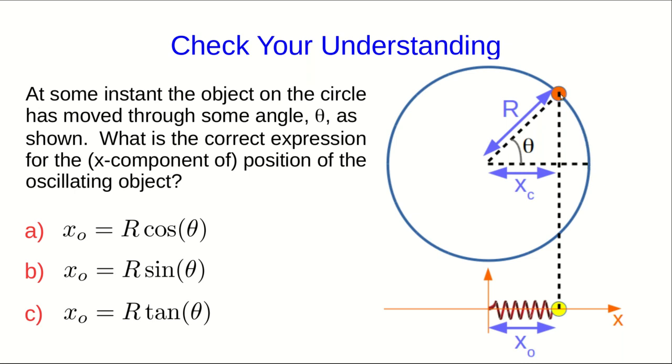And I want you to figure out what the correct relationship is between X_O and r and theta. So if you are in the course, Moodle will now get you to answer this question. Otherwise, I suggest you pick an answer before you go on to the next part of the video.